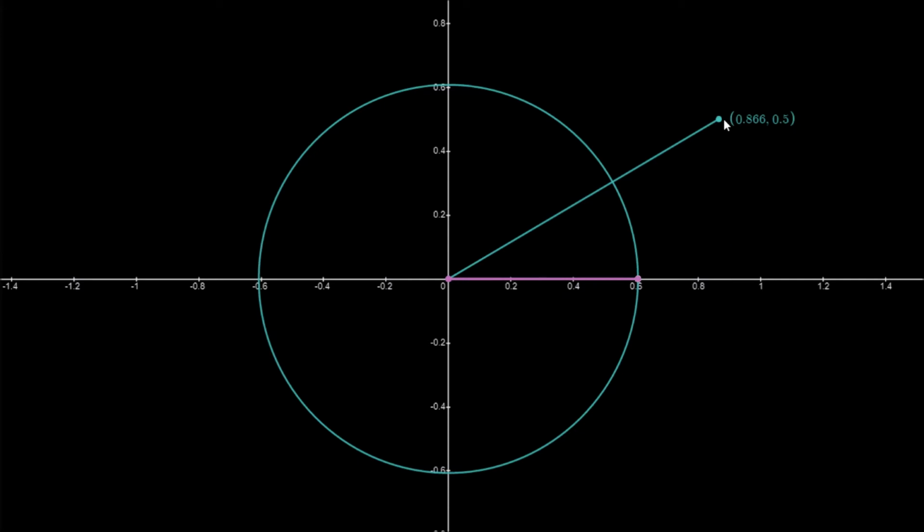But now what we have to imagine is we no longer have this x value. The only information we're going to be given is the y value here, which is this height, and the distance here, which is going to be our value r.